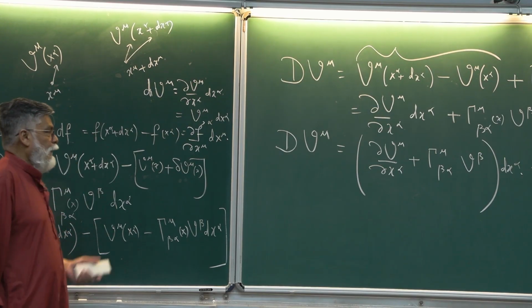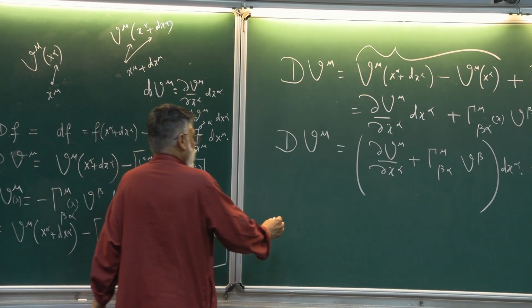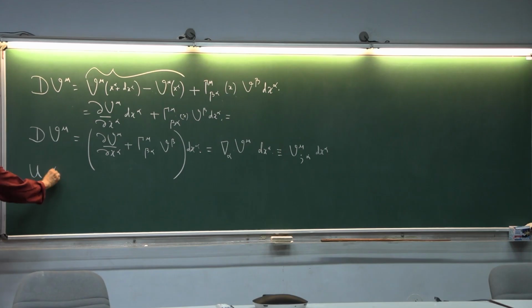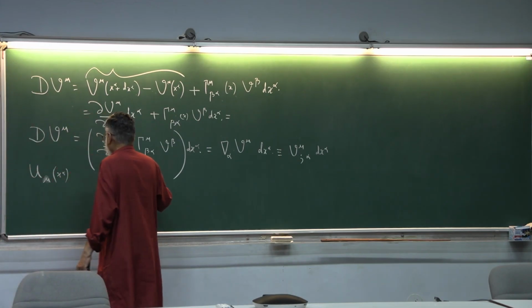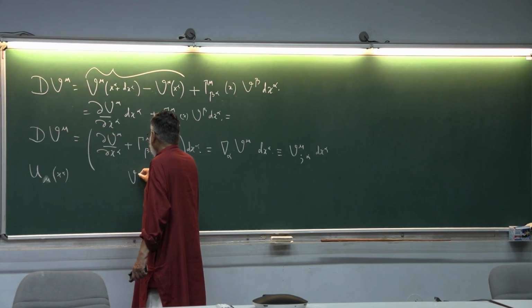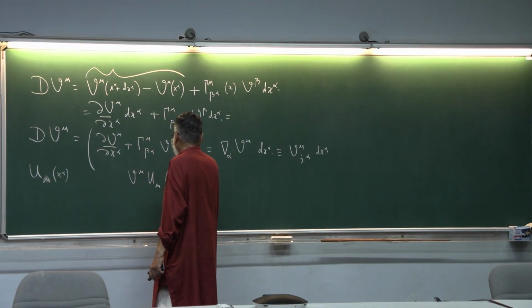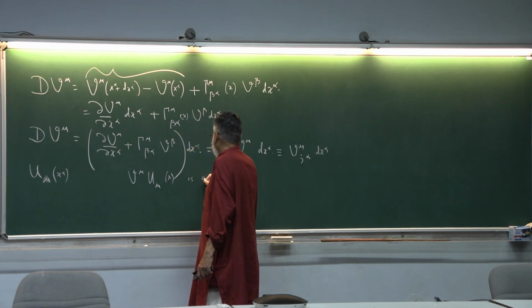So they will say, okay, good. You take a covariant vector field whose components are u mu of x alpha. And we already know that v mu u mu at x is a scalar field.